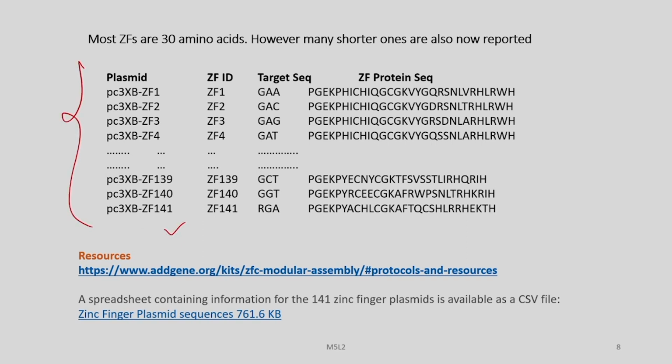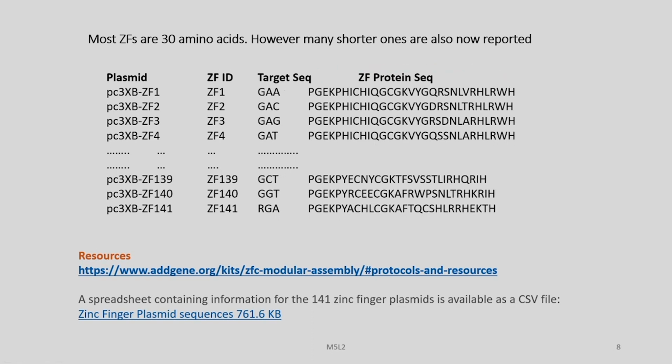We have only listed a few here for your understanding, and they have different IDs, ZF1 to ZF141, and all these 141 molecules have identified different target DNA sequences ranging from GAA to RGA, and these are the ZF protein sequences.